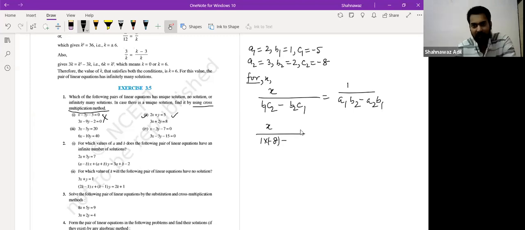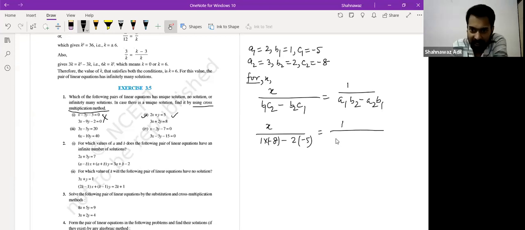In this cross multiplication, please be very careful with the signs of the coefficients, right? So B2 is what? 2, right? And C1 into -5. Are we correct, Talha?